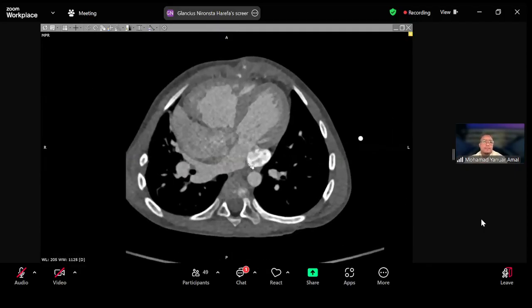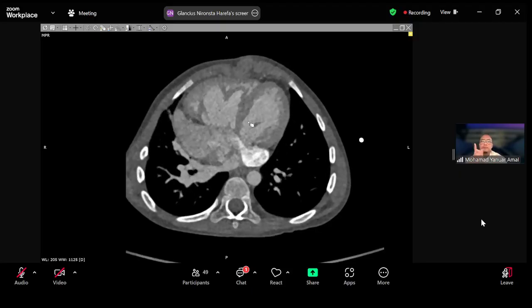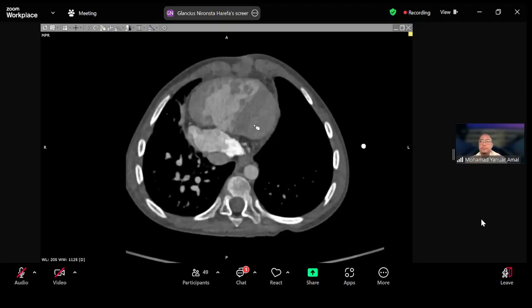So, regarding the patient with congenital heart disease, one of the most important points when we do the CT cardiac is that we need to evaluate the coronary artery, not only the origin, but also the course, because when we look at this patient, we can see the course of the coronary artery. It's coursing into the right ventricular outflow tract.